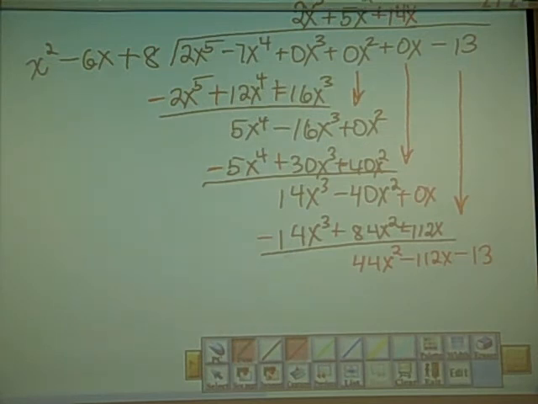So now we have to use 44 this time. Now if this was a negative here, we'd have to put a negative up here, but because all of these were positive, these are all pluses. So we're going to put 44 times x squared is 44x squared.